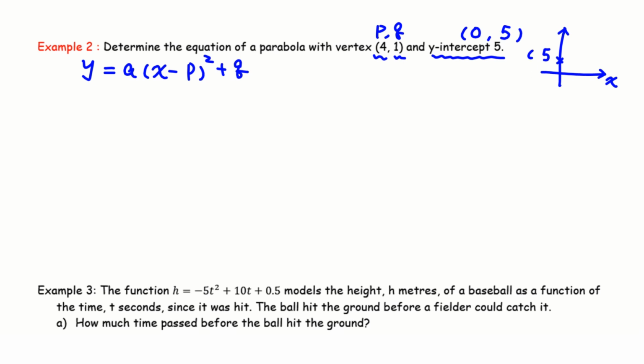So (0, 5) is given, and the vertex is (4, 1).